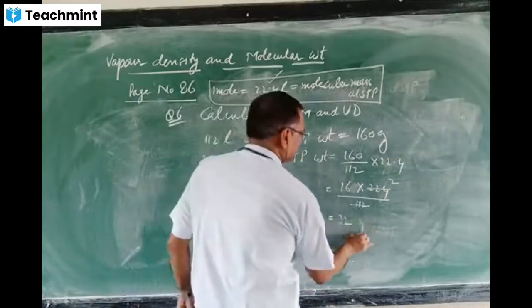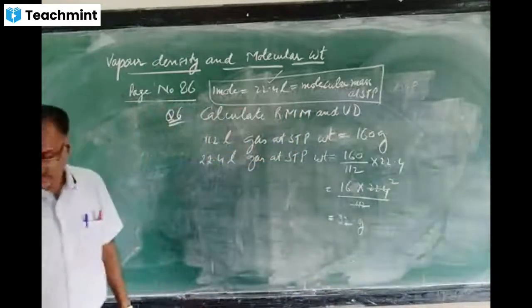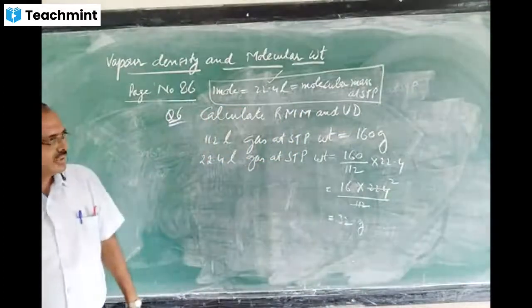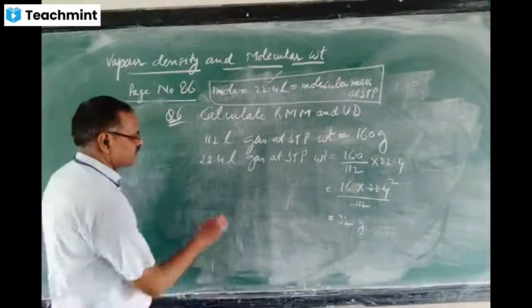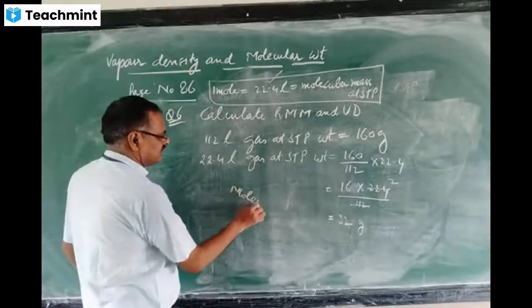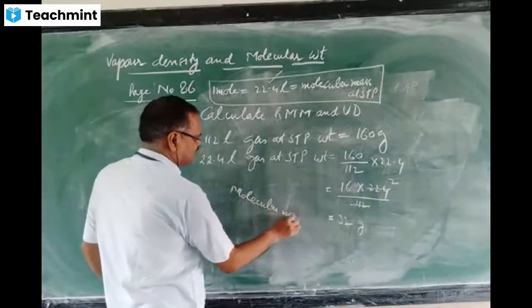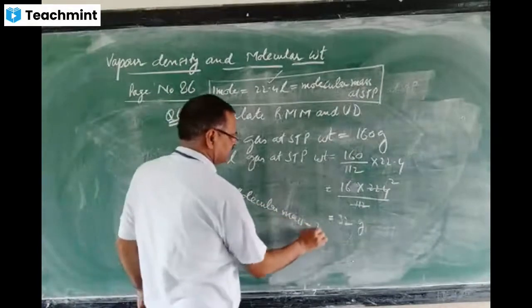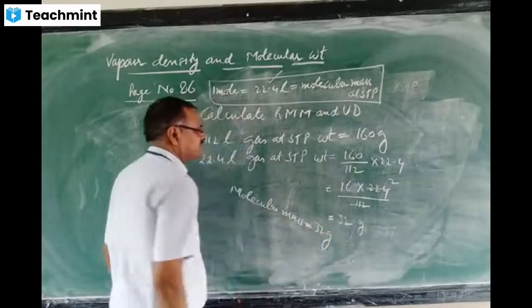So this is the molecular mass. Molecular mass is equal to 32 gram.